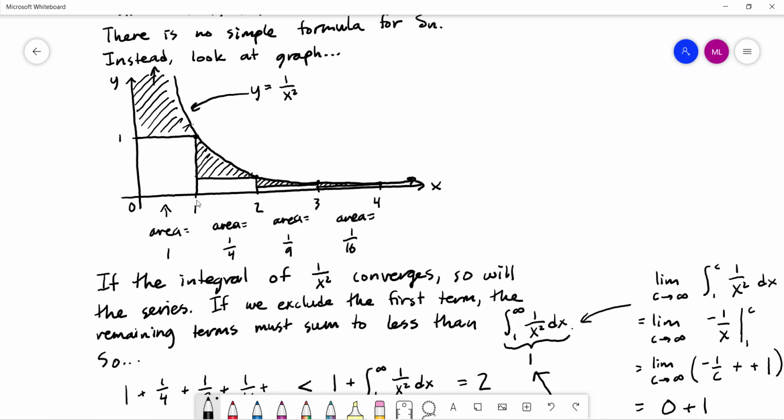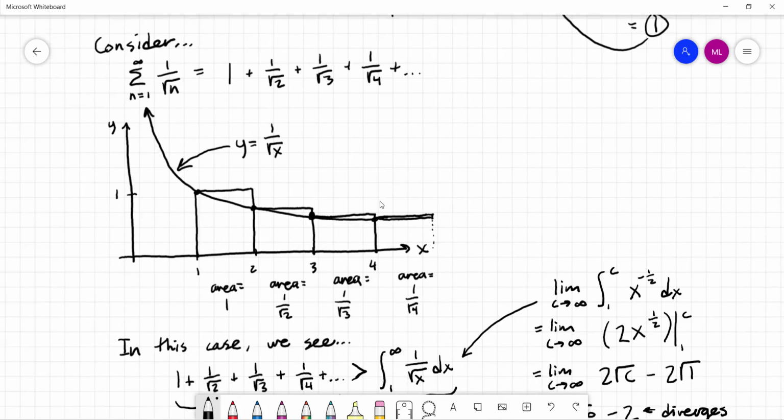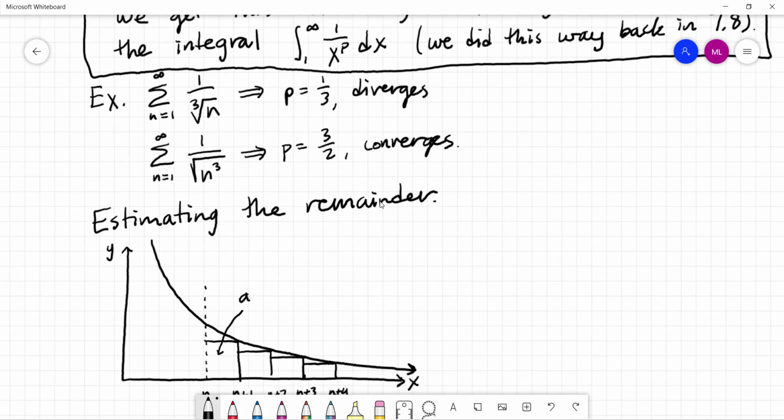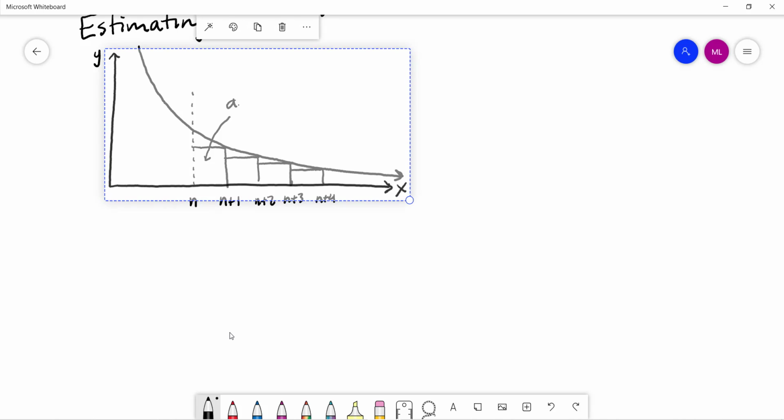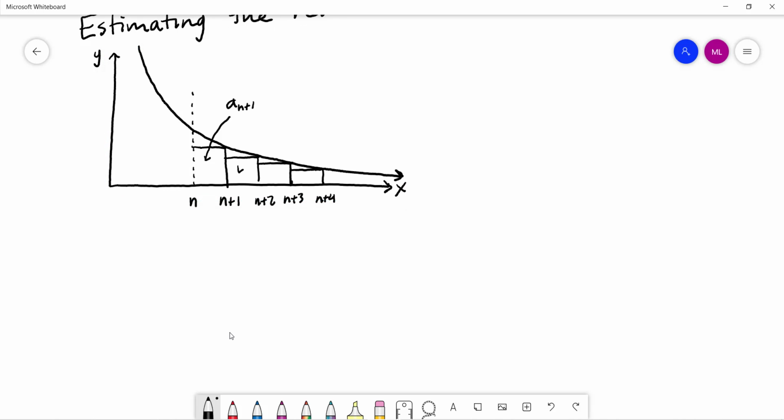So the area was always to the left of the particular value of n. Same thing is going on right here. So this area is the area associated with n plus 1. Here's the area associated with n plus 2. Here's the area associated with n plus 3. Here's the area associated with n plus 4, and so on.